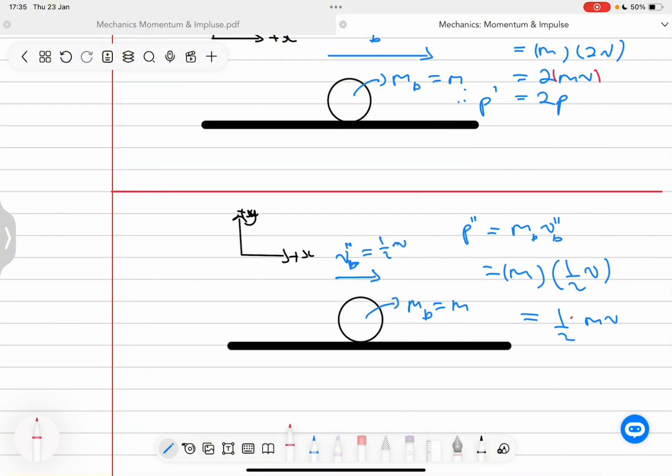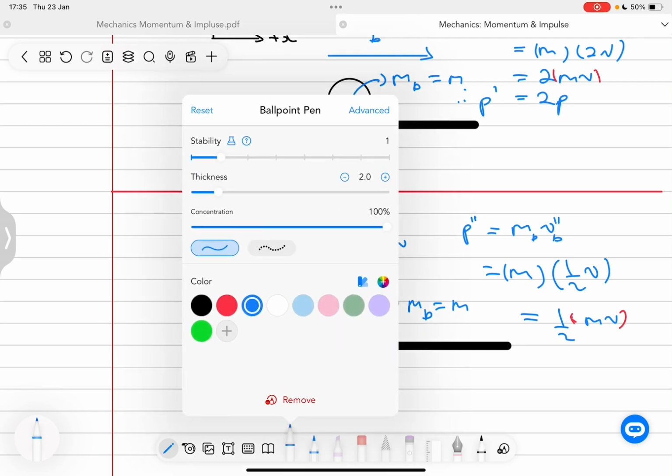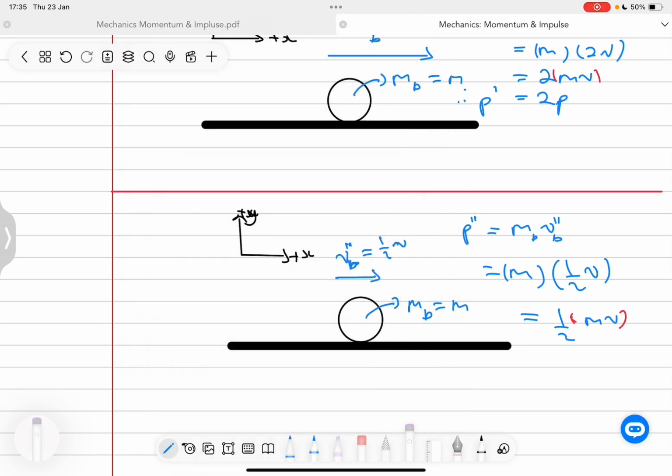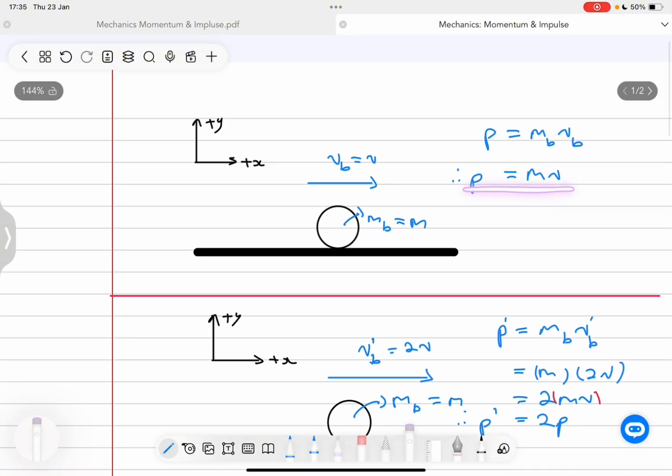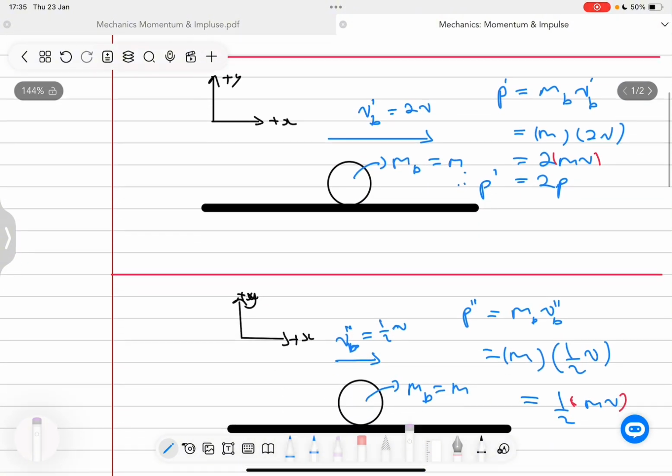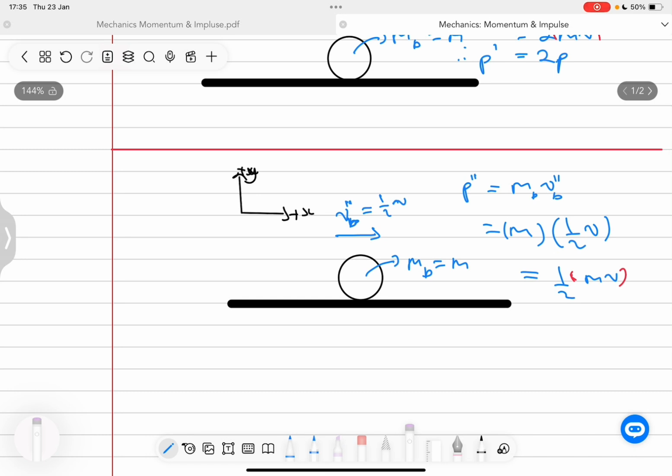Again, like we did in the first part, I can group mv by putting brackets like that, because I recognize that mv represents the p, the same as p here, what we found in the original situation. So this would mean that my new momentum, when the velocity is halved, is going to be half the original momentum.